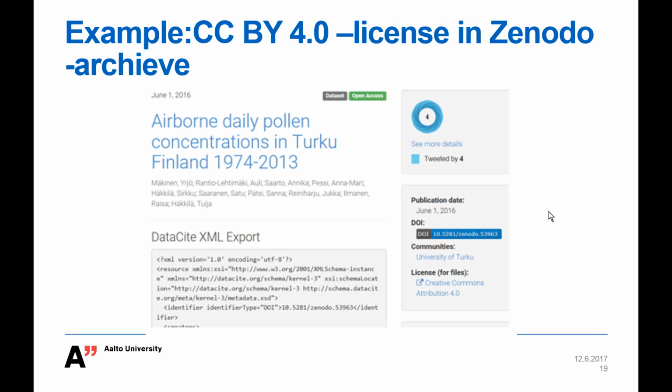And Zenodo also automatically creates the citation type that you want to use when you use the data. So using the data and taking care that you always attribute the original authors when you cite the data has been made very easy in the Zenodo archive.